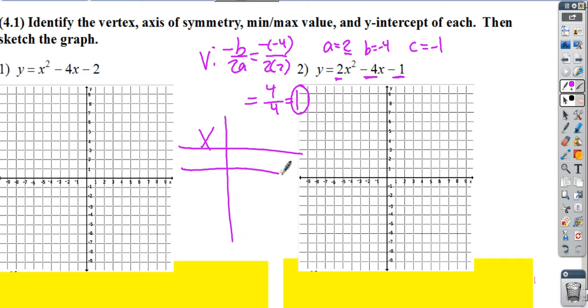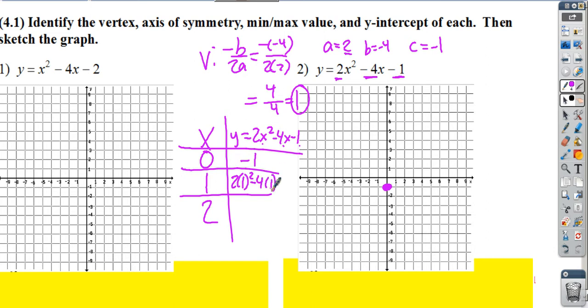So we'll put that in the middle of our table. And y is this equation right here. So to find the rest, we'll put a number below 1 and a number above 1, and then plug each of these in. If you plug in 0 for x right here, you get negative 1. So 0, negative 1 is a point on this graph. If you plug in 1, we have 2 times 1 squared, which is 2.